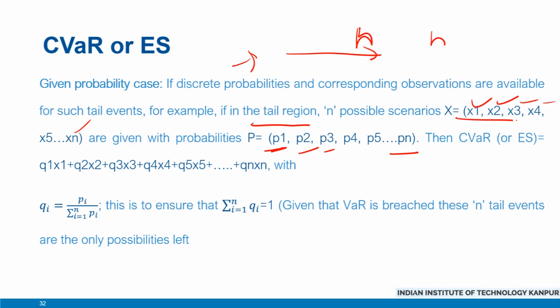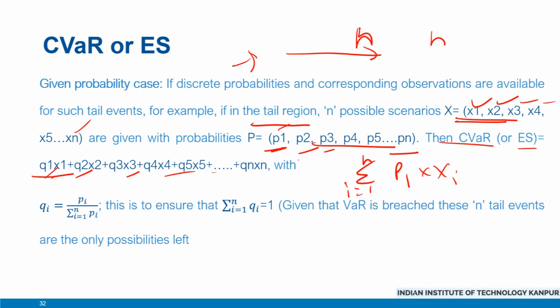So in that case, when the probabilities are also given as a probability mass function, so the probabilities and the values are both given, then your conditional VaR or ES measure is simply the expected value, like this: pi times xi, summation i equal to 1 to n, which is q1 x1, q2 x2, q3 x3 and so on. Now here this q1 is different from p1. How?